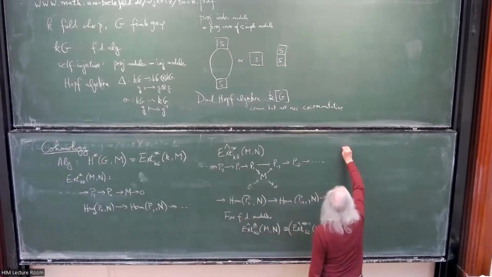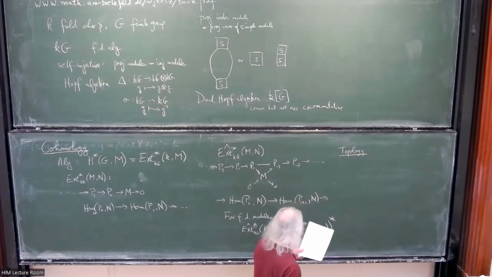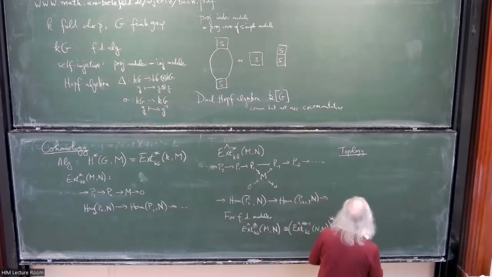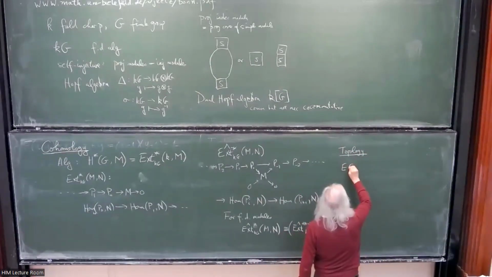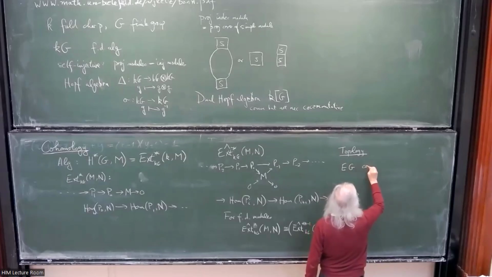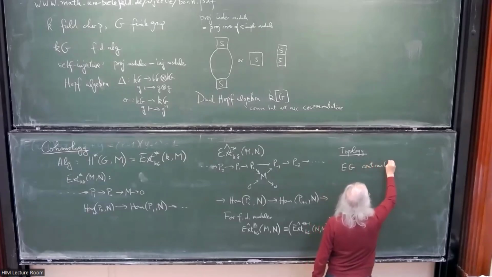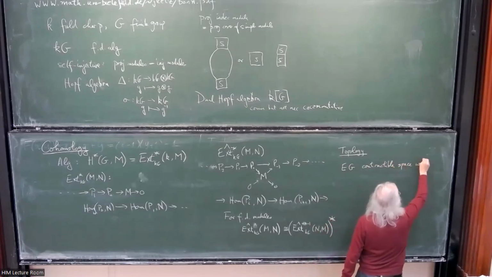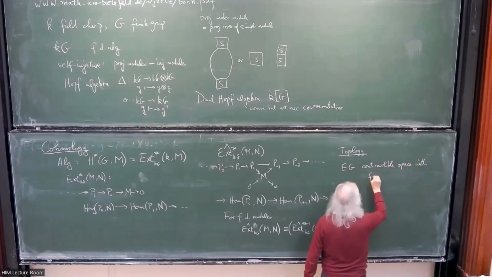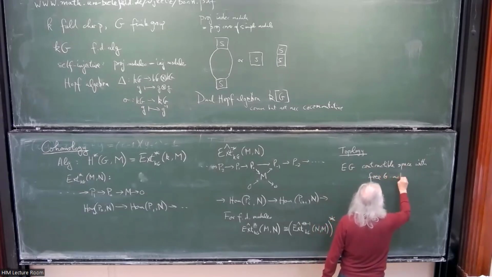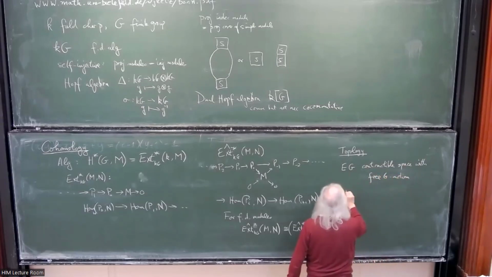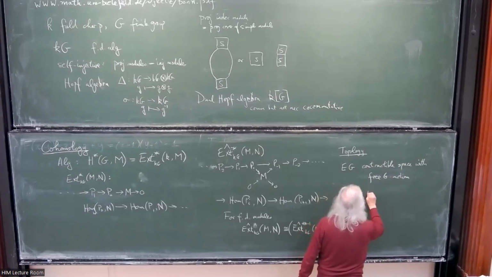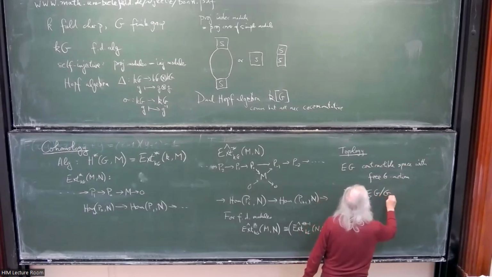If you're a topologist, you do something slightly different. You let EG be a contractible space with a free G action. You let BG be the quotient by that action.